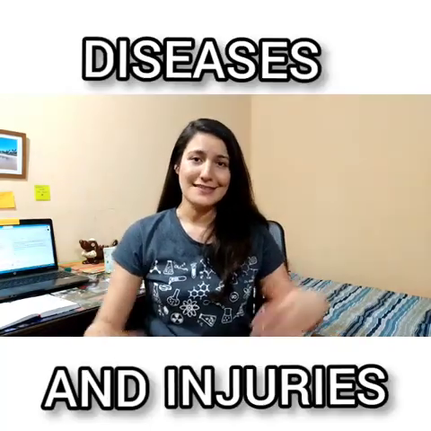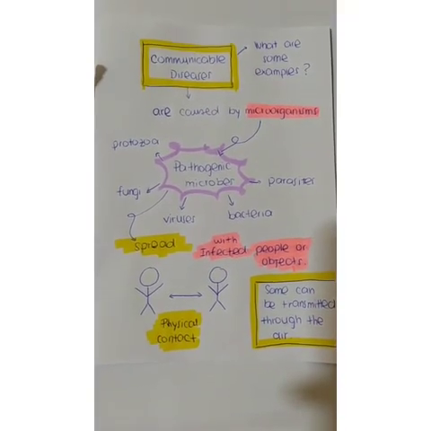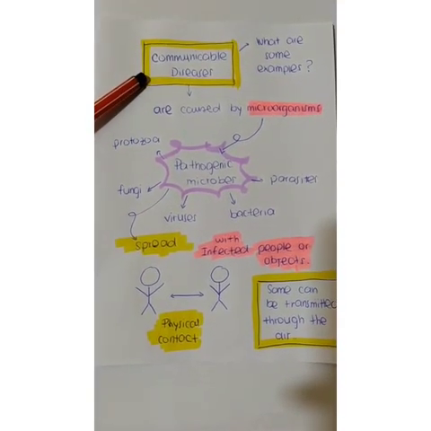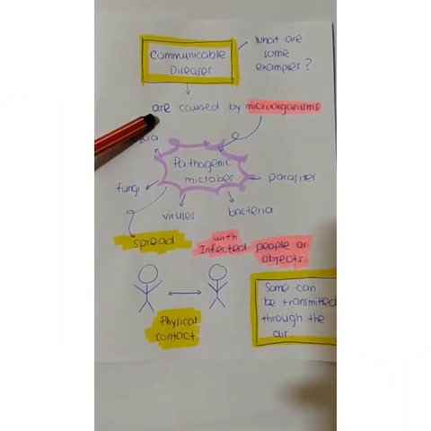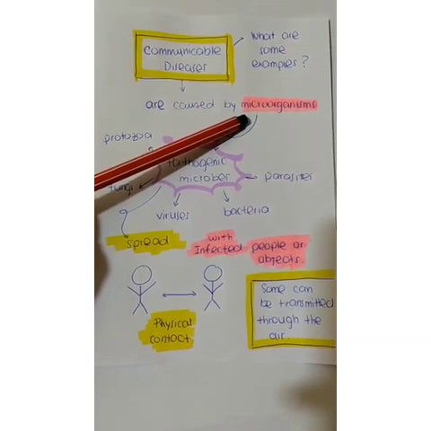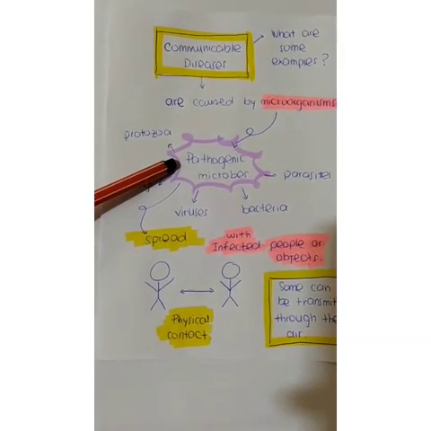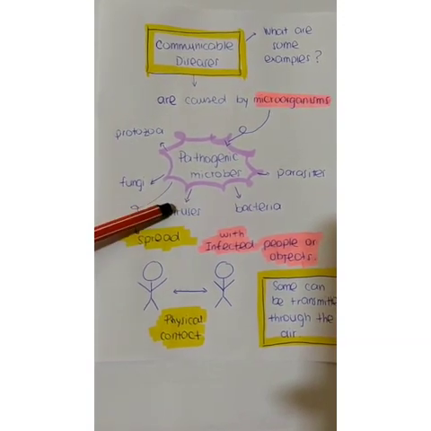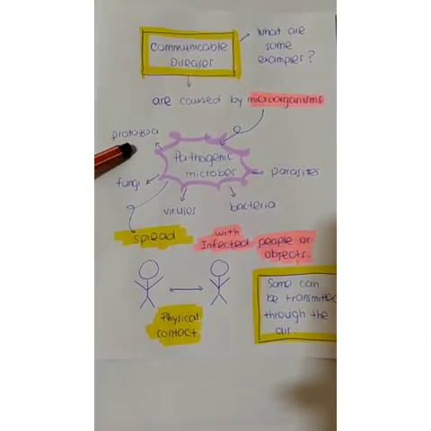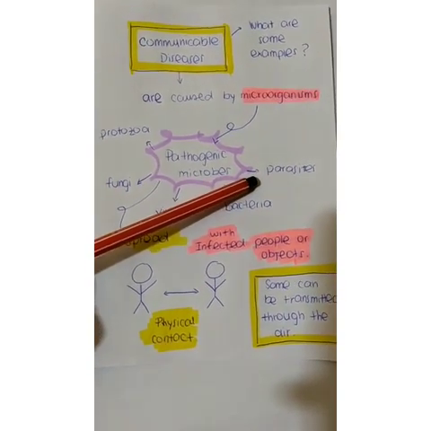We are talking about diseases and injuries. Hello! Today we're going to talk about communicable diseases. They are caused by microorganisms that are scientifically referred to as pathogenic microbes. These pathogenic microbes can be viruses, fungi, protozoa, bacteria, and parasites.